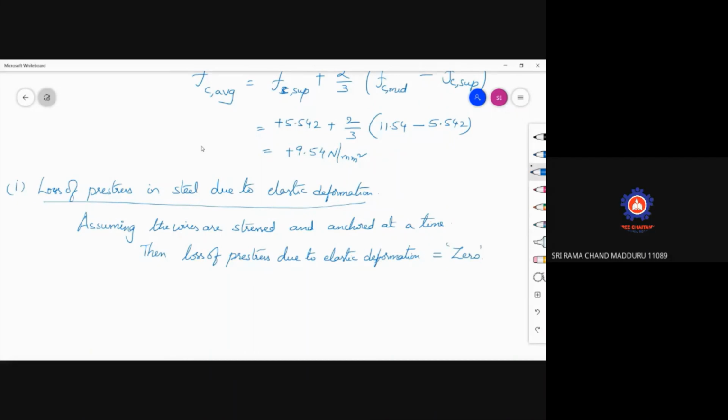So here we are assuming that all the wires are stressed and anchored at a time, when the loss of pre-stress due to elastic deformation is 0.